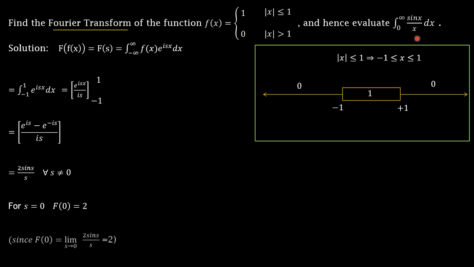But in order to find the value of this integral, I have to use the inverse Fourier transform. Now, by using the inverse Fourier transform, let us evaluate the integral of sin x by x as x varies from 0 to infinity.